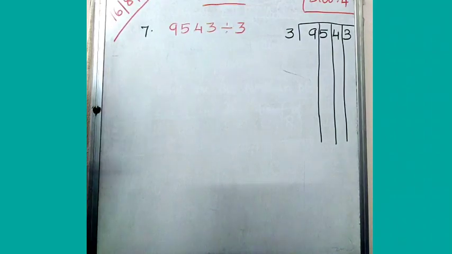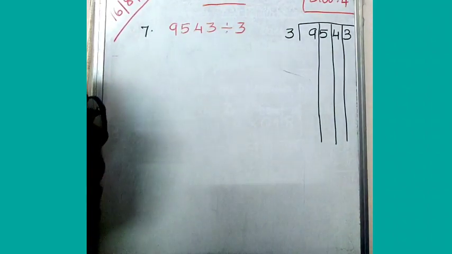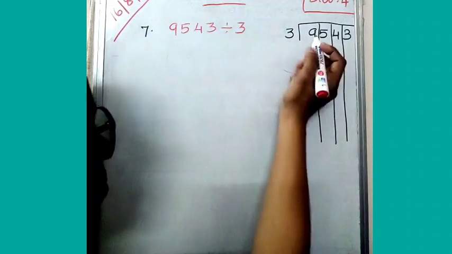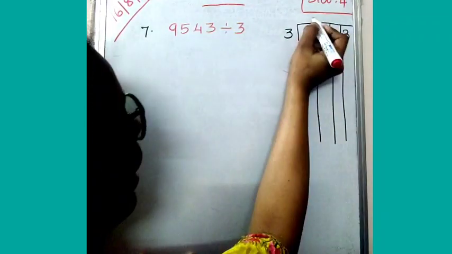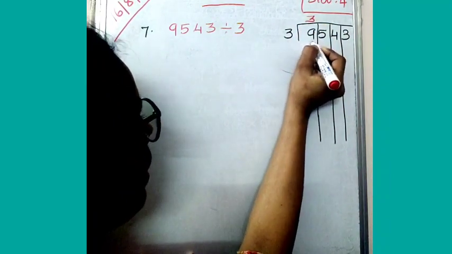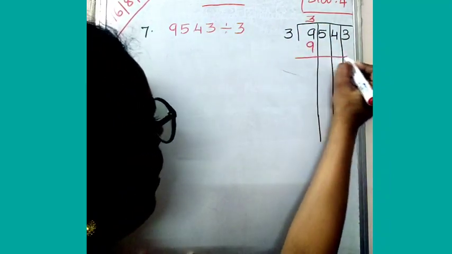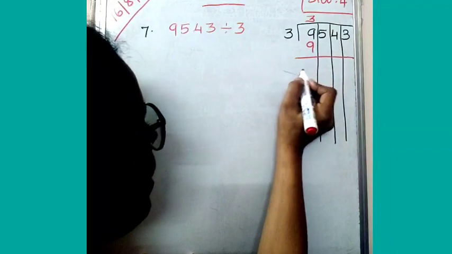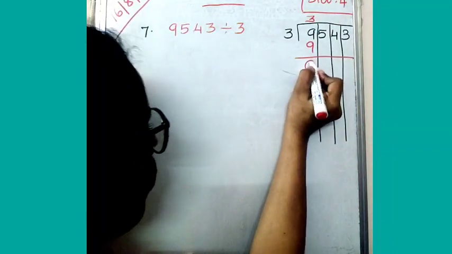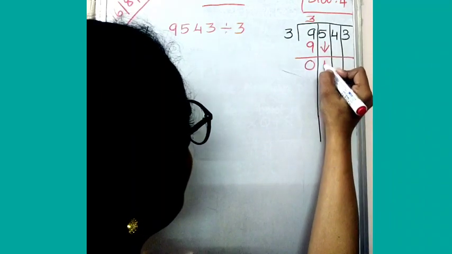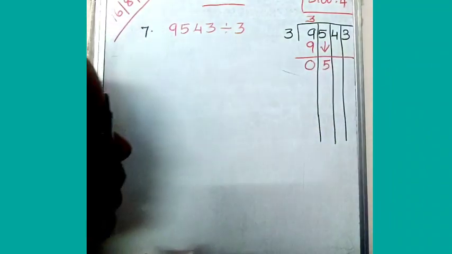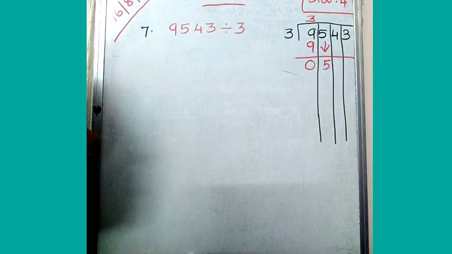Okay. Now we take the first digit 9. How many times 3 in 9? We know that 3 3s are 9. Draw a line. 9 minus 9, 0. Bringing down 5 to the next place. How many times 3 in 5?